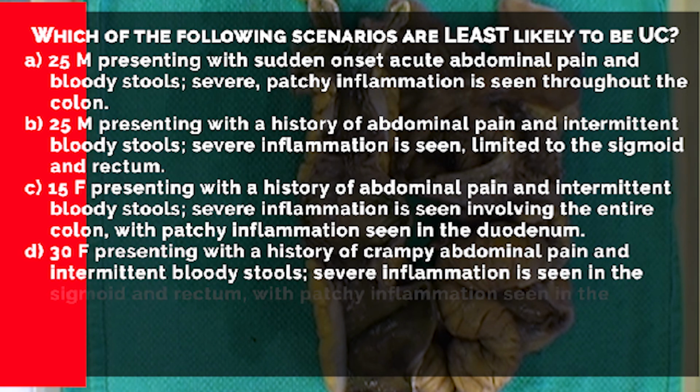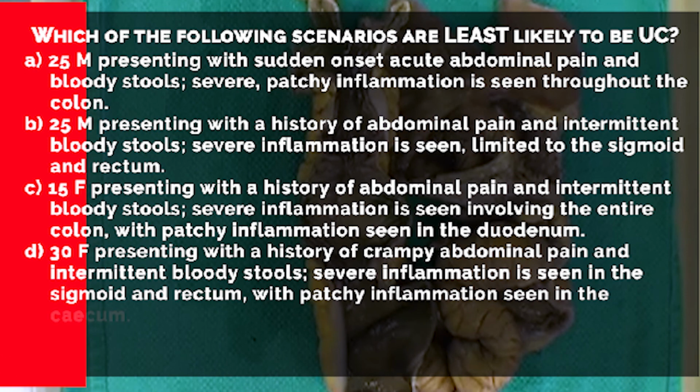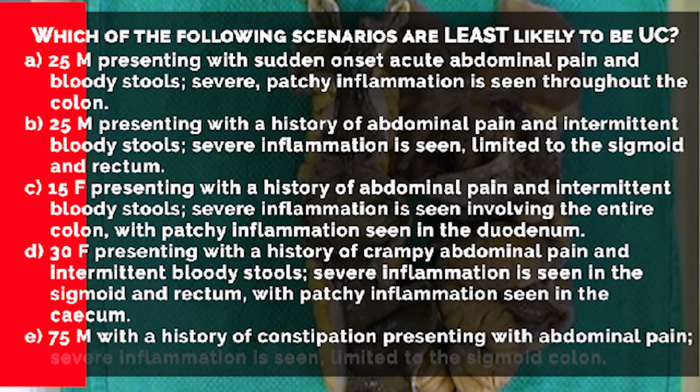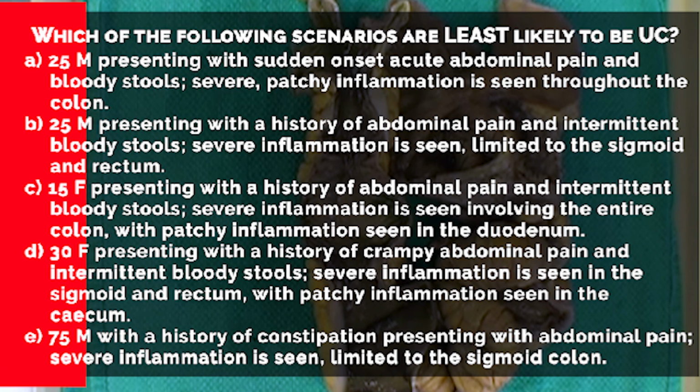A 15-year-old female patient with abdominal pain, intermittent bloody stools, severe inflammation throughout the colon, as well as some patchy inflammation in the duodenum. A 30-year-old female patient with crampy abdominal pain, intermittent bloody stools, and severe inflammation in the sigmoid and rectum, but with some patchy inflammation in the cecum. Or a 75-year-old man with constipation presenting with abdominal pain and severe inflammation of the sigmoid.